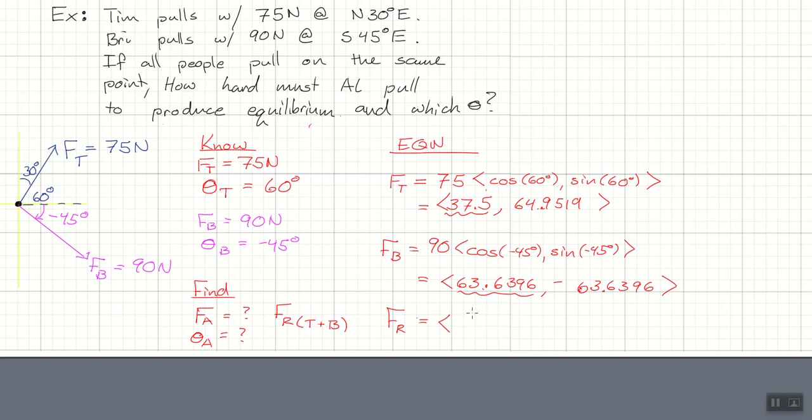All my stuff just has sines and cosines because I didn't have a calculator as I was doing it. 101.1396. Okay, I also need the y component. 1.2604.